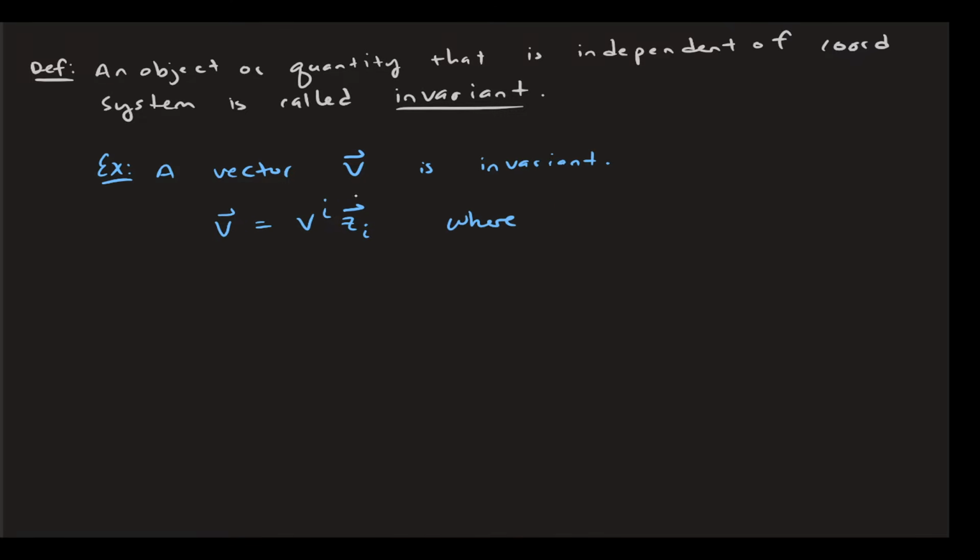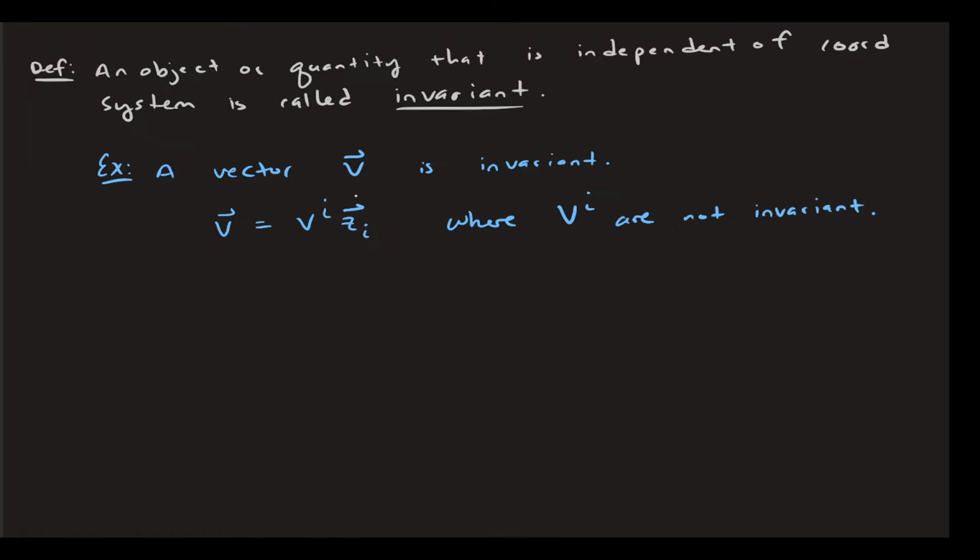where the v^i are not invariant, right? The components of your vector do depend on the coordinate system, but the vector itself doesn't. The vector itself has a fixed length and a fixed direction.